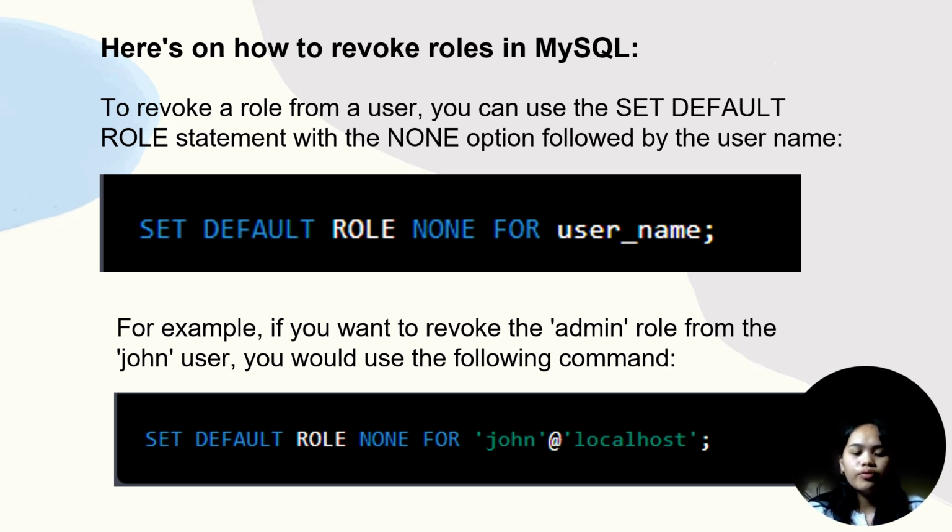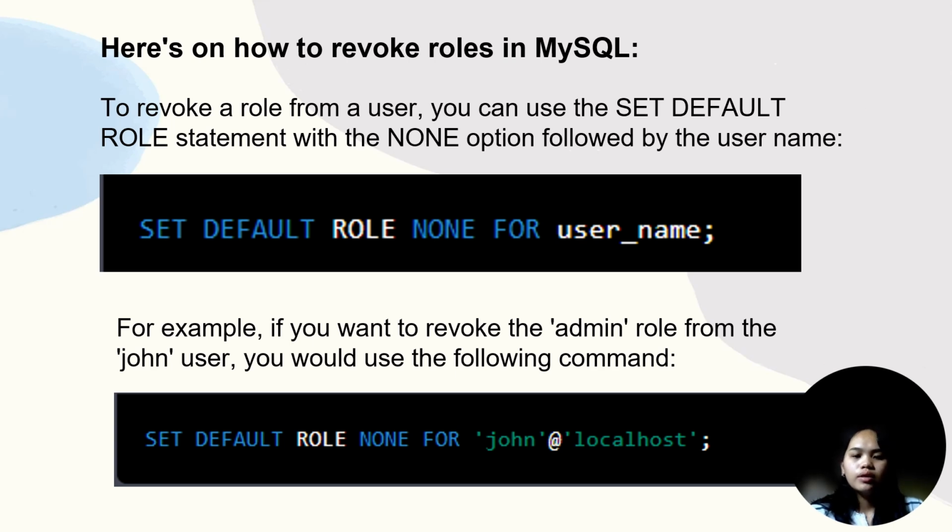For example, if you want to revoke the admin role from the John user, you would use the following command: set default role none for John at localhost. This is very simple syntax to revoke roles.